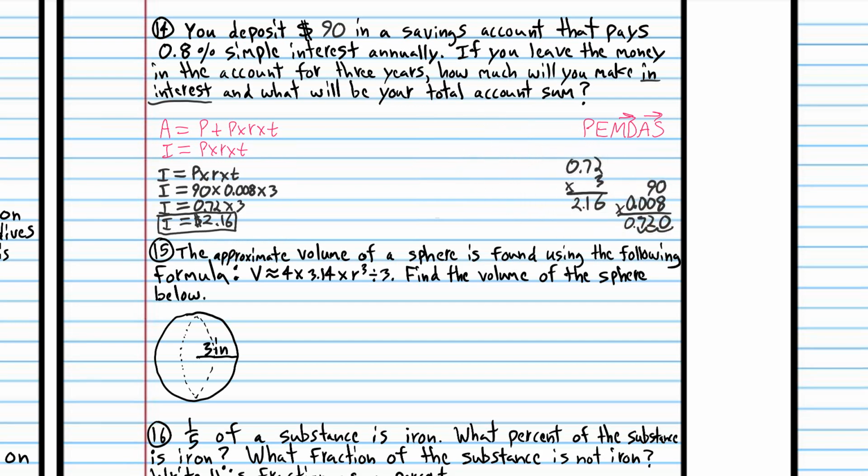But now we have to figure out how much you're going to make in total. So now we're going to use a different tool. Now we're going to use the above equation, the A equals P plus PRT equation. I'm just waiting for my computer to catch up here. So 90, actually I should rewrite the formula.